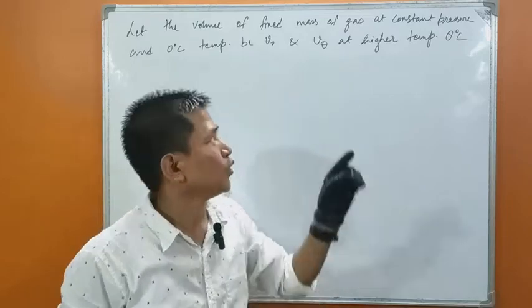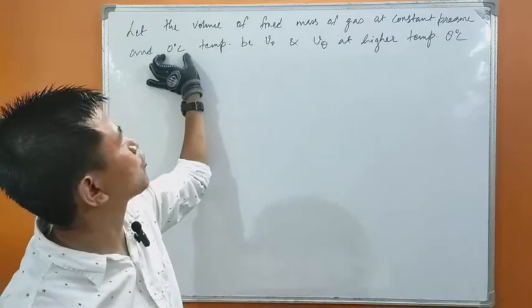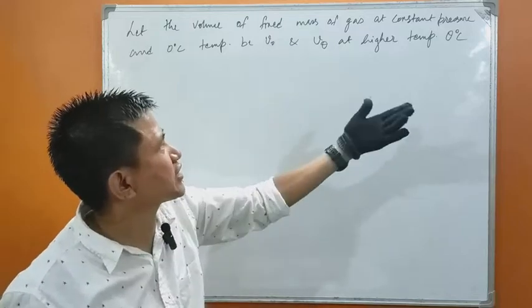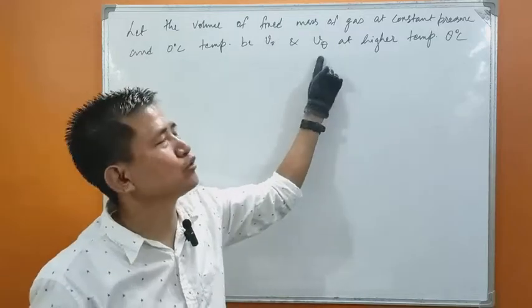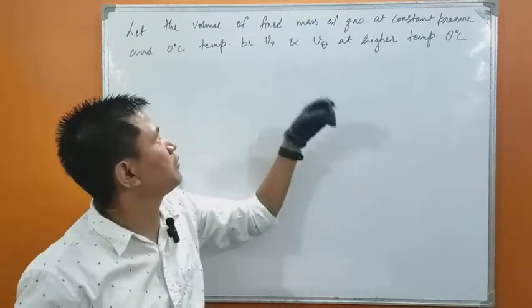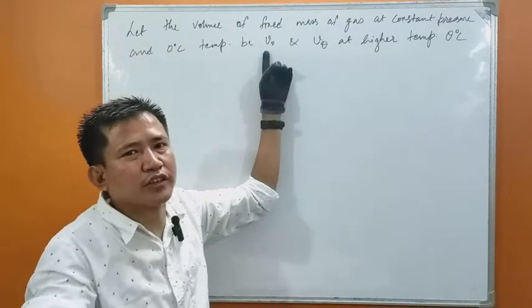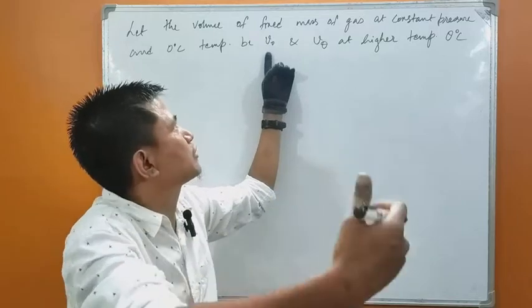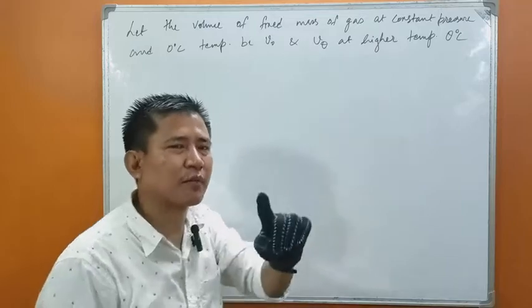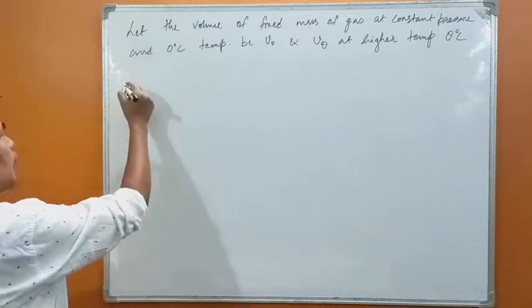Got my point? When the temperature was 0 degrees Celsius, the volume was V naught. When you increase the temperature from 0 to theta degrees Celsius, the volume also increases to V theta. Got my point? Okay.